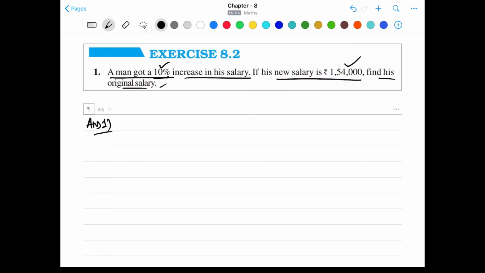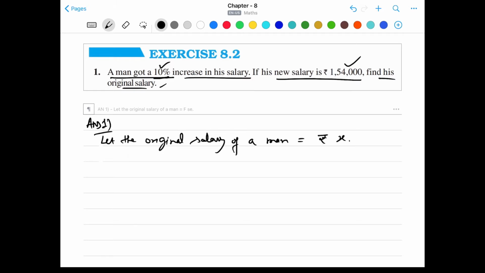Answer number 1. As we are asked to find his original salary, we assume that his original salary is X rupees. So let's write: let the original salary of a man be equal to X rupees.